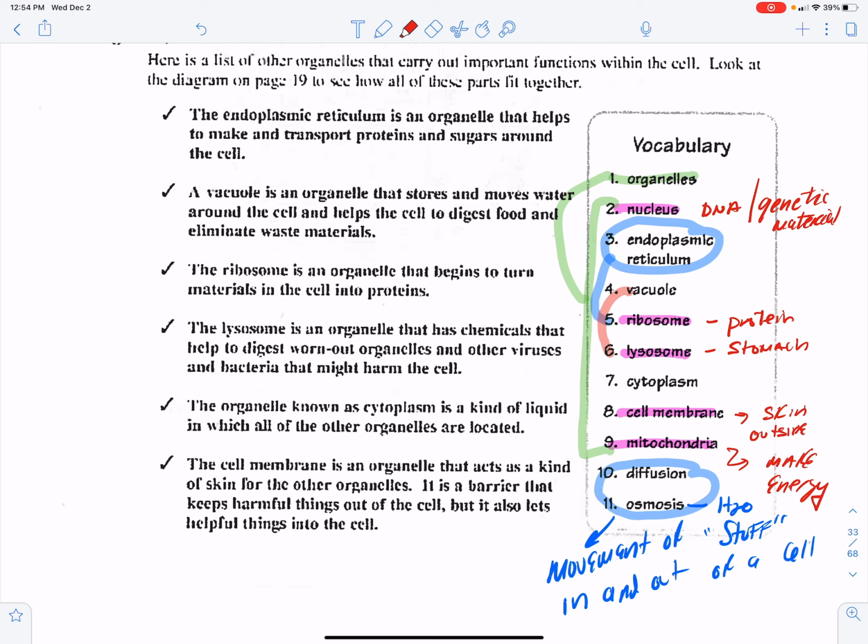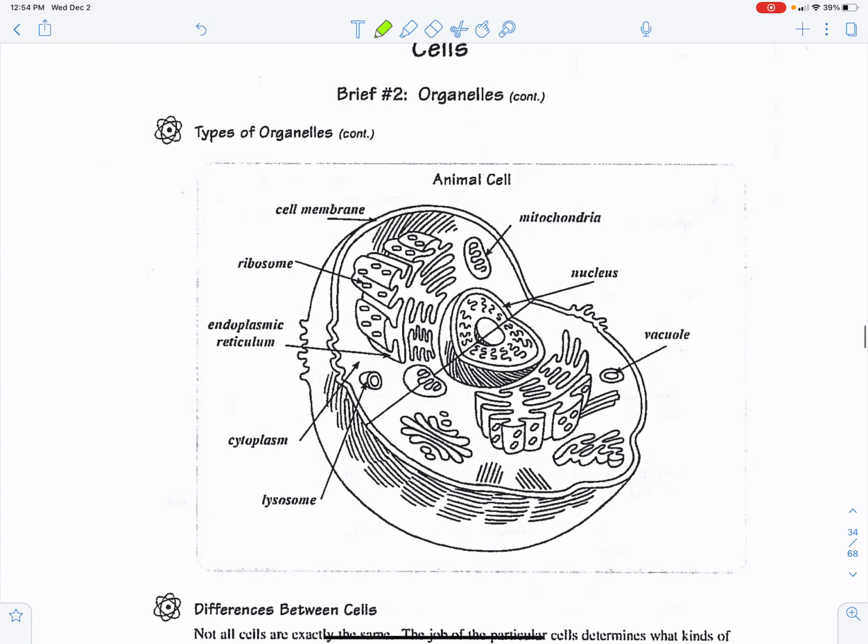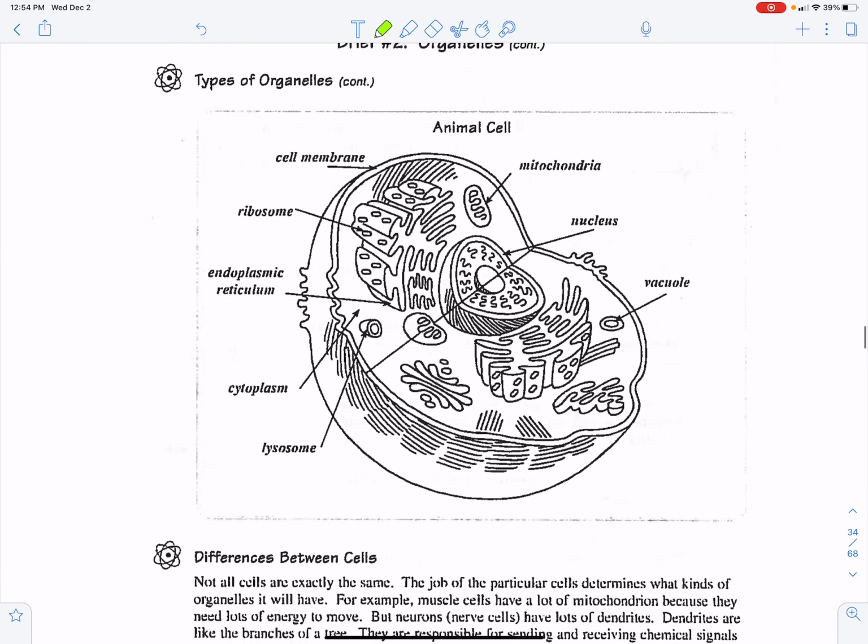It's a package that's inside. And the cytoplasm is like the liquid portion of the cell. When you look inside the cell, this is all the inside parts together.